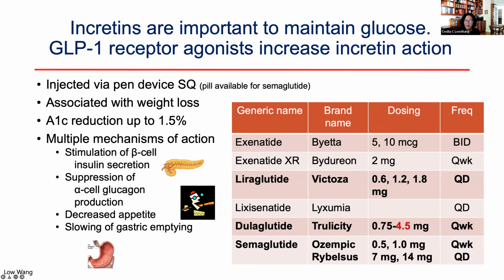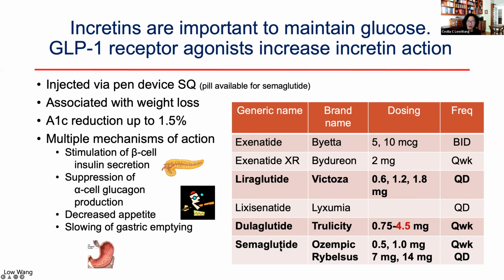And then there are 2 points I wanted to point out. One is that I'll often try to recommend more convenient medications and simpler regimens for my patients. And so that's why I go with the weekly medications if I can.